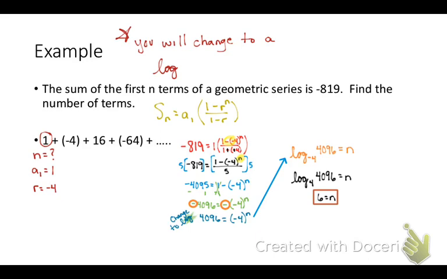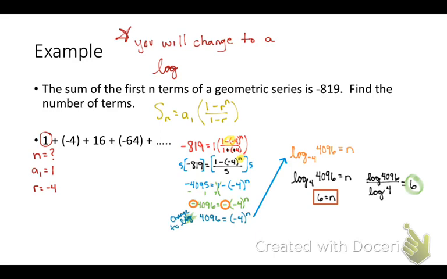Okay? If you don't have the calculator capabilities of just typing it straight in, remember you can do change of base, which is log of 4,096 divided by log of 4, and you're still going to get 6. Okay, it's still going to be a positive number.